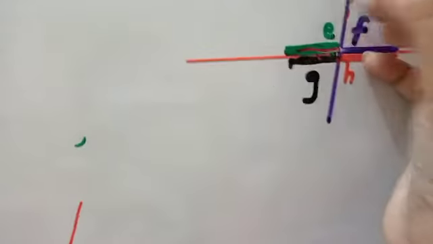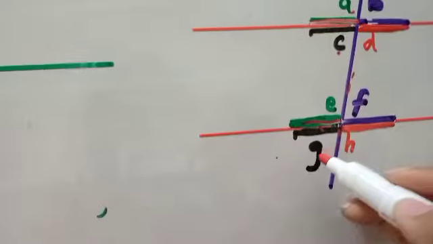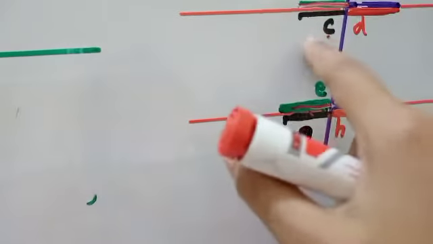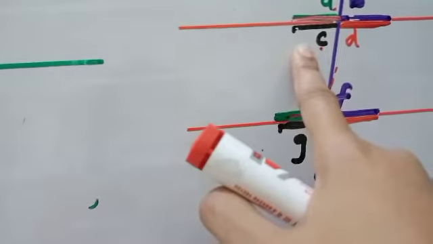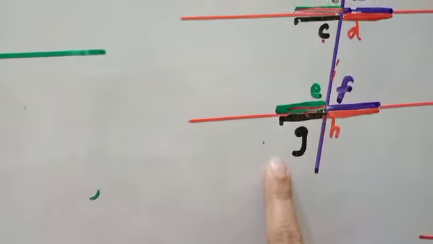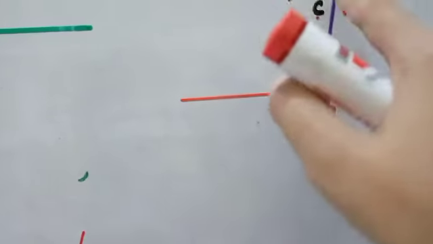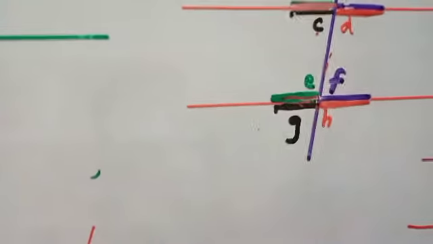Now let's look at the black one. C, this is interior, and G, this is exterior. So again, same side of the transversal. One is interior, the other one is exterior, and again they are making an F shape. Look carefully. So this is also a corresponding angle.